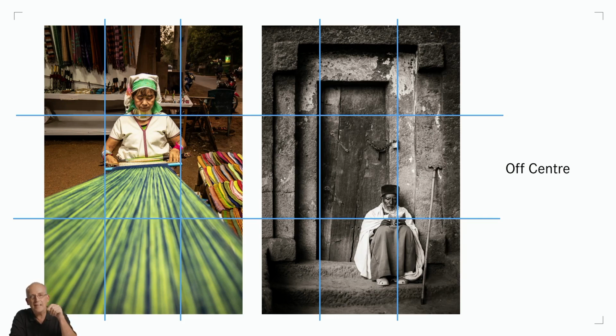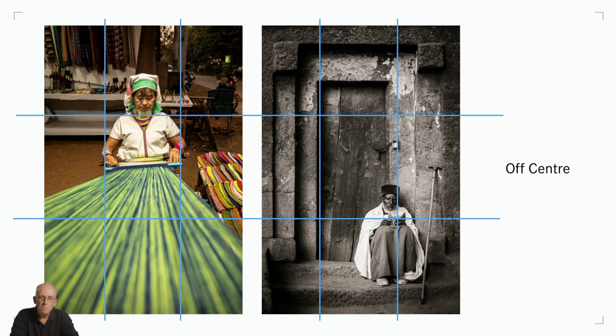Now, I'm not here to tell you that you should or shouldn't do this, but I would suggest that you remember that an image with off-center subjects is usually more interesting to look at than when it's bang in the middle.